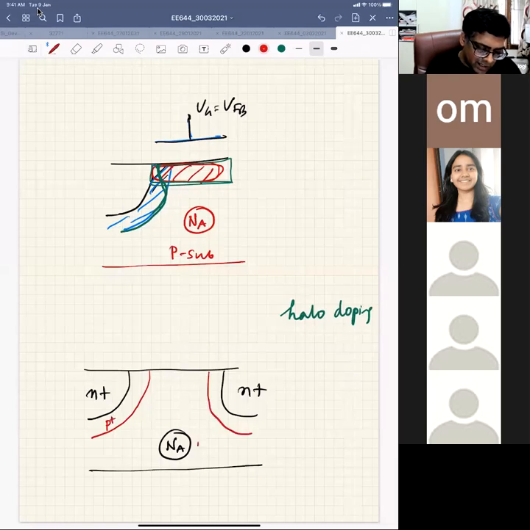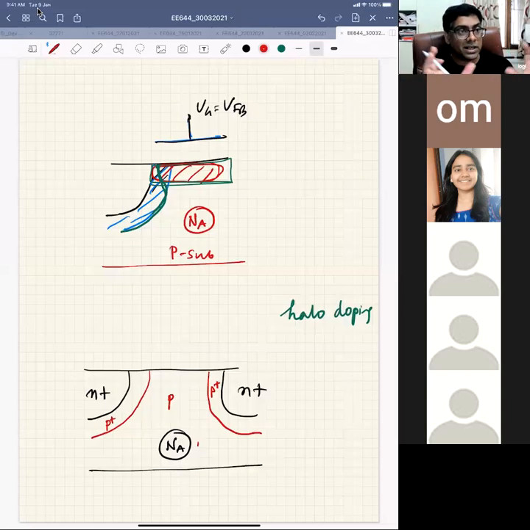So this is P region, but around the source and drain you create a higher doping region, and this doping is called halo doping. It is covering the source and drain area. So if this doping is 10 to the 17, this doping will be around 10 to the 18.